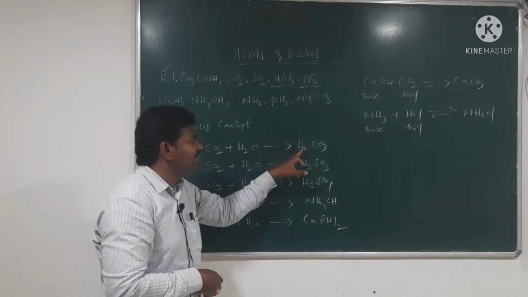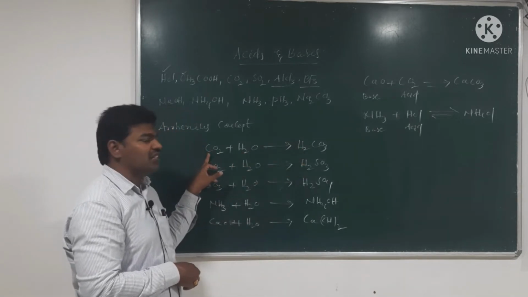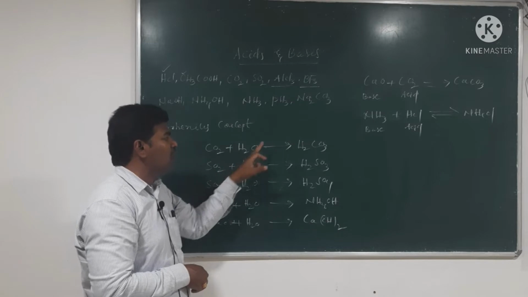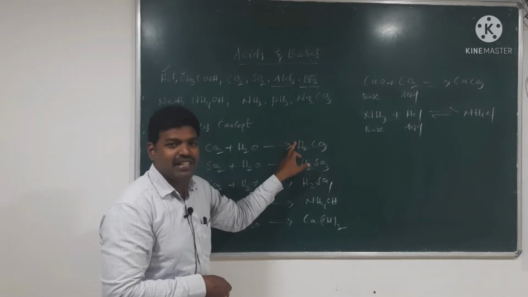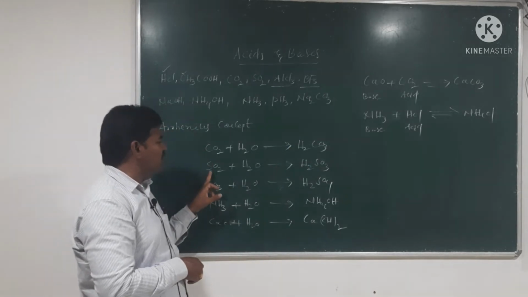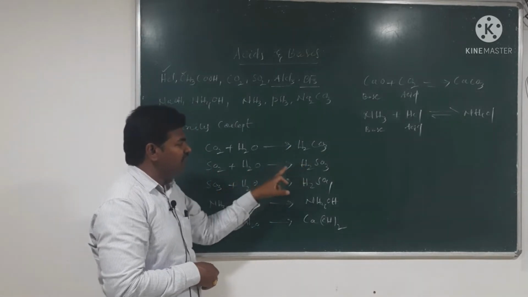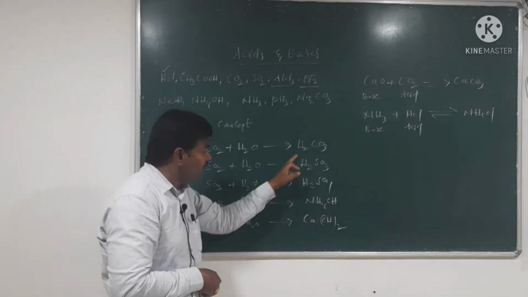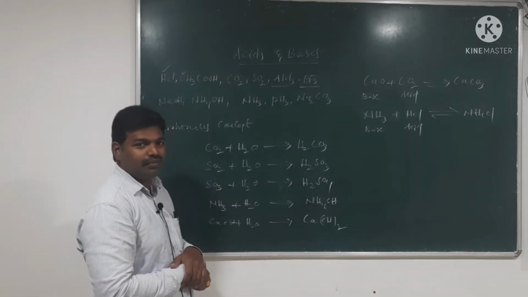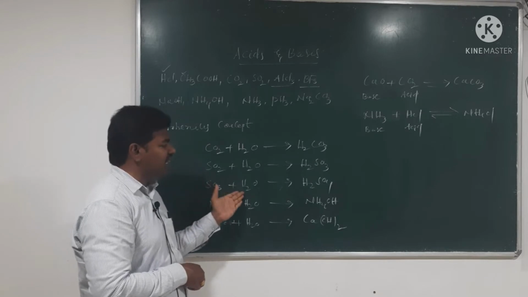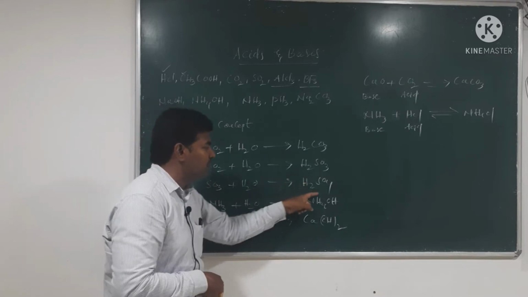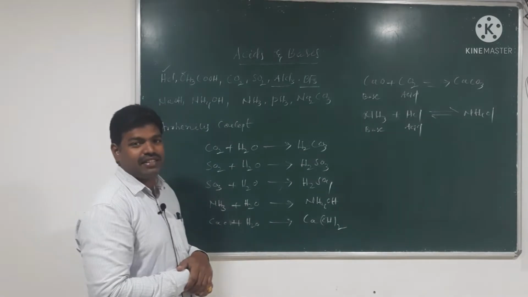When we dissolve CO2 in H2O, it forms H2CO3, and H2CO3 can furnish H plus ions. When we dissolve SO2 in water, it forms H2SO3, which can furnish H plus ions. And when we dissolve SO3 in water, it forms H2SO4, and it can furnish H plus ions.